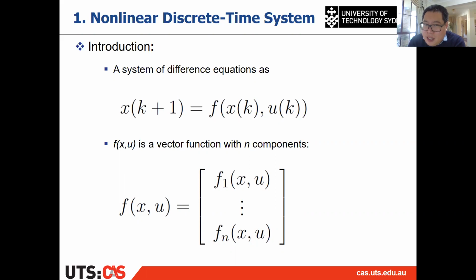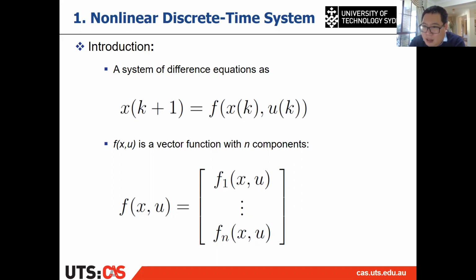If there's a t and there is an x dot in the difference equation, then that is a continuous time system. If there's no dot on the x, which means you can't calculate the derivative of x with respect to time, then that is a discrete time system. Then the relationship is between xk plus 1 and xk, right? So that is the discrete time system.